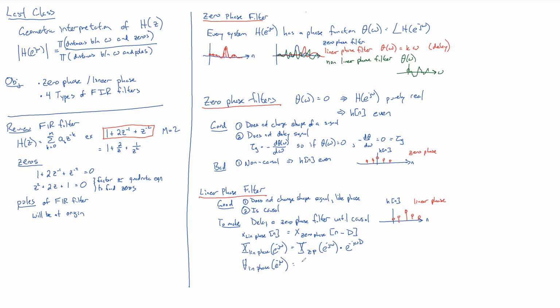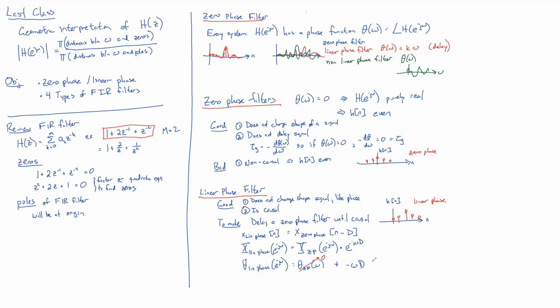It's equal to the phase of the zero phase filter plus the phase of this, which is just minus omega d. And by definition, we said our zero phase filter has zero phase. So our linear phase is just equal to minus omega d.